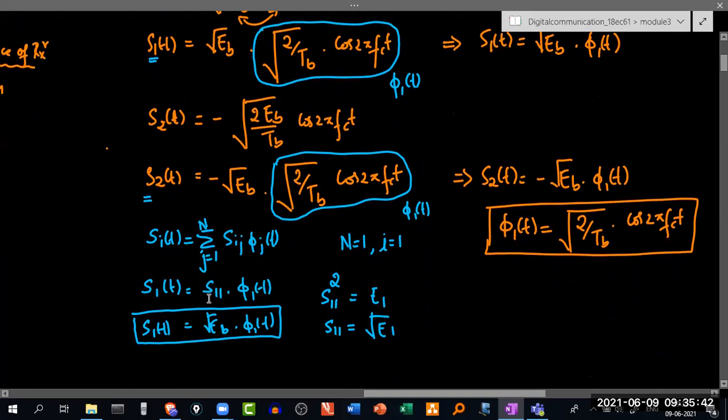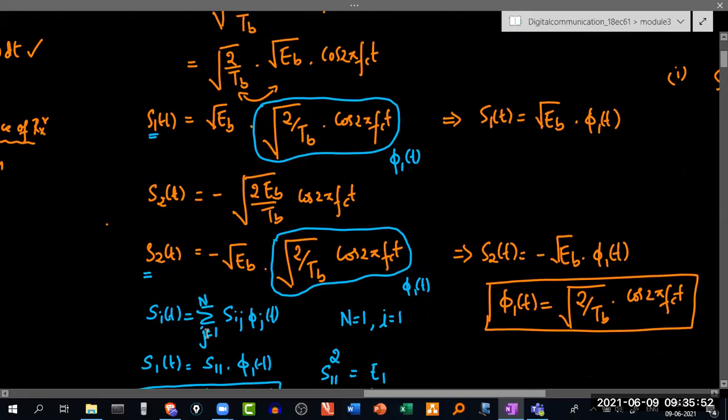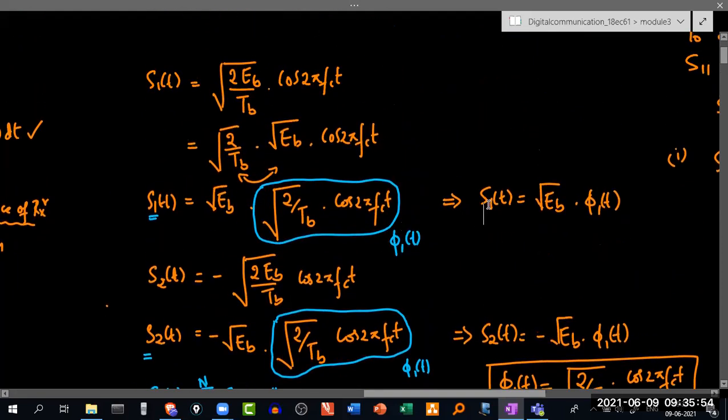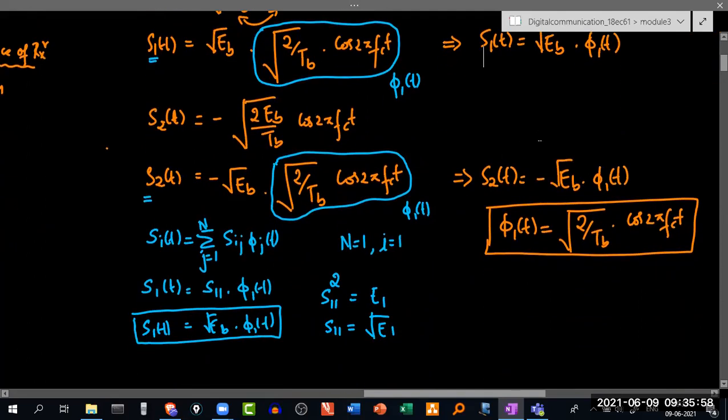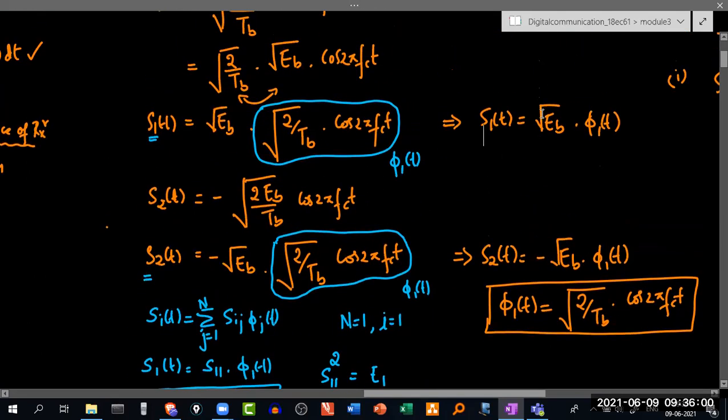And in turn, this coefficient value S11 is related to the energy of that signal in this fashion, that is square root of EB. So if I compare this equation with that equation, these two are one and the same, and because of which we can easily get to know that this part can be mapped onto this basis function phi1 of t.